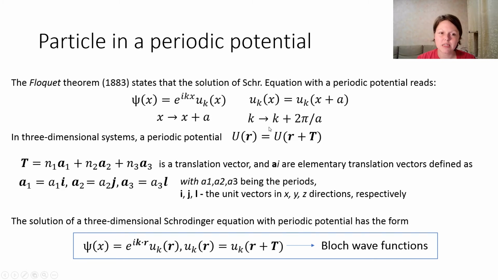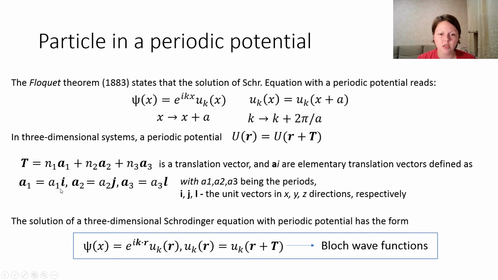In three-dimensional systems, a periodic potential will have this form. The r is the radius vector, and t is a translational vector that consists of three different elementary translational vectors, where n are integer numbers. The elementary translational vectors at the same time are somewhat the unit vectors that are parallel to different coordinate directions.